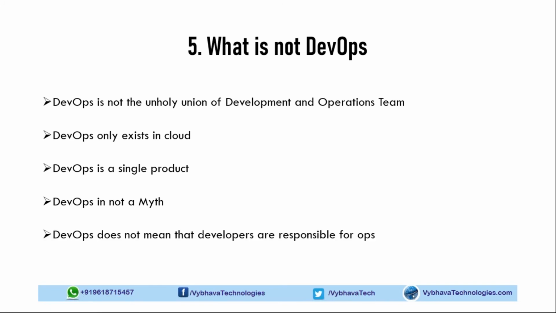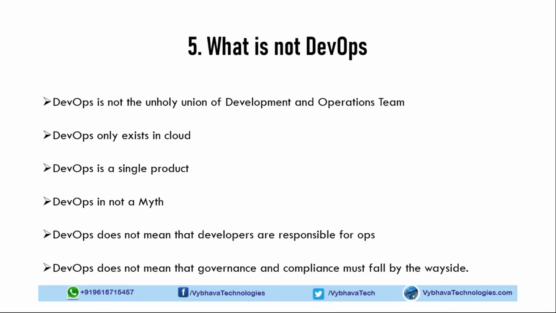So DevOps does not mean that developers are responsible for operations. Operations means why it happened, what happened, code is changed, something happened. So you are not blaming anyone. You are going to take the entire team's collaboration to take care of that. DevOps also does not mean governance and compliance.